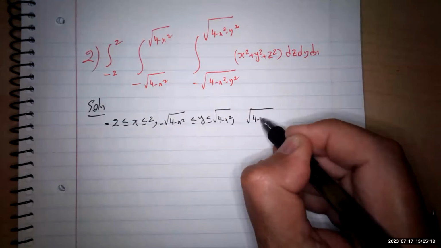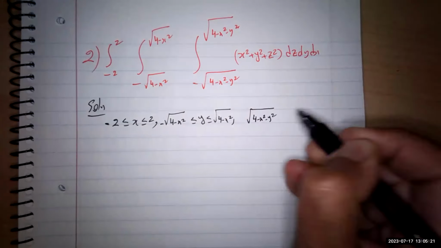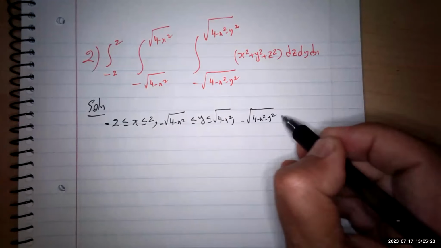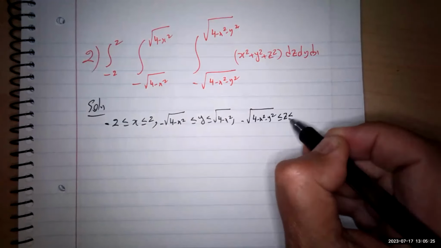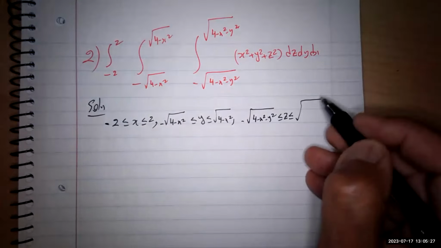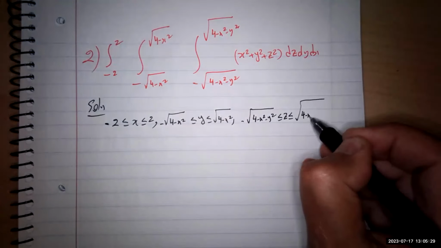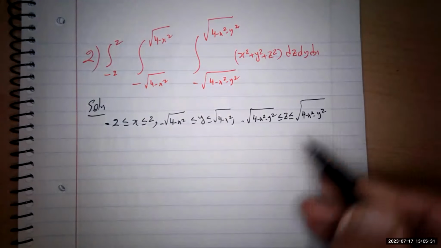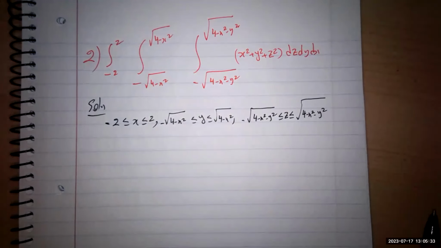So negative square root of 4 minus x squared minus y squared is less than or equal to z, and z is less than or equal to the square root of 4 minus x squared minus y squared. You have to consider each equation to see what restriction it gives.